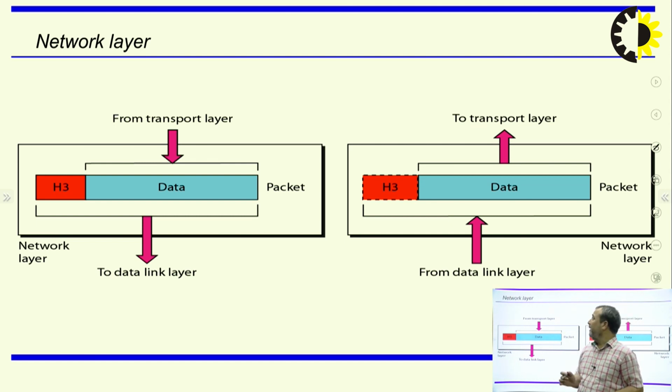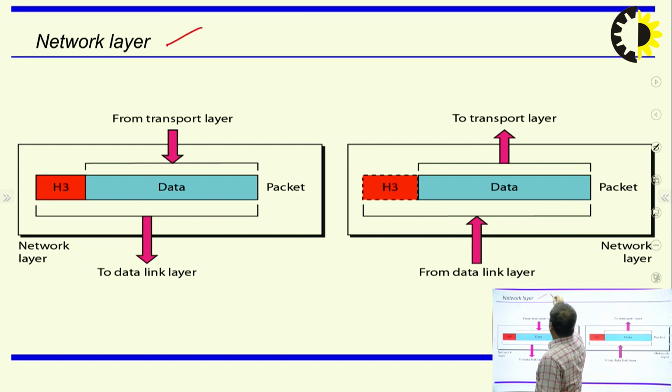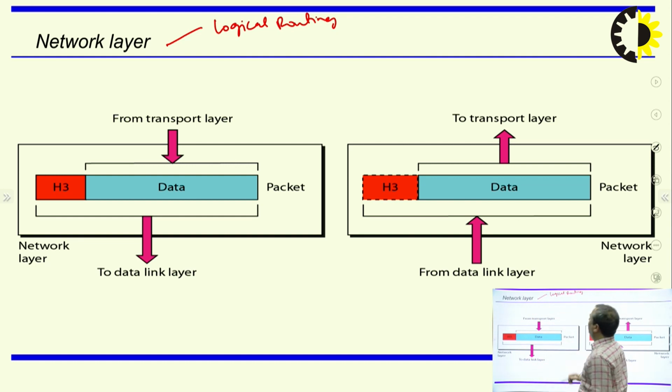The network layer basically has logical routing, or you can say logical addressing.